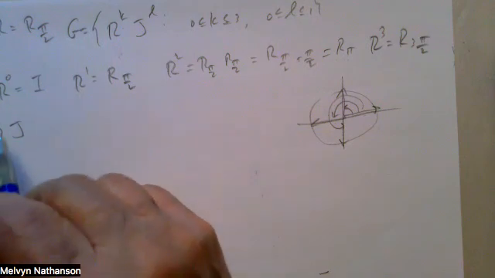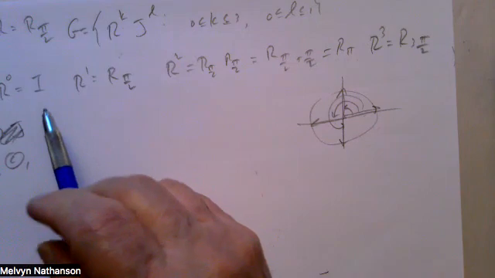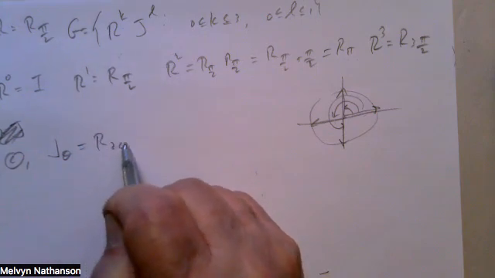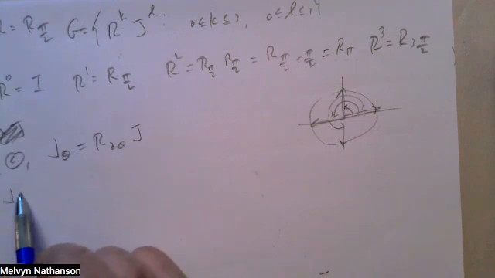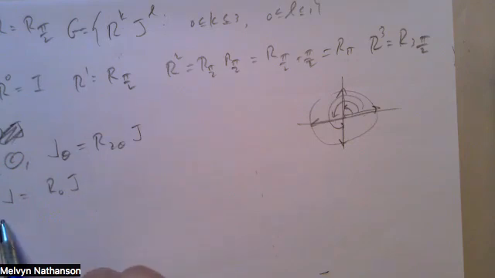Well, that's interesting because we proved in the previous section, so let me just say, by part C, reflection through the line theta is equal to R2 theta times J. So we have J, which is the rotation through 0 times J. What is R pi over 2 times J?